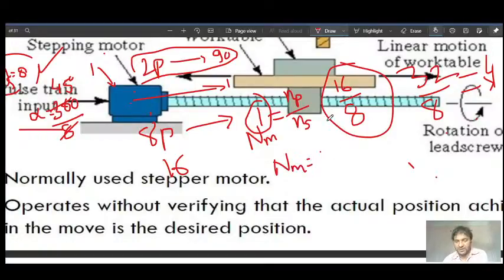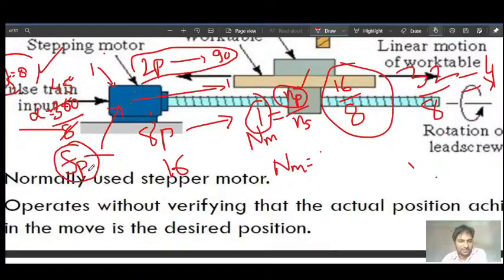So what we have got from all this discussion is that Nm, the motor speed, is given by the number of pulses. But instead of total pulses, because we are not considering time, if we consider time, take the frequency Fp. Fp means the number of pulses transmitted to the motor per second.